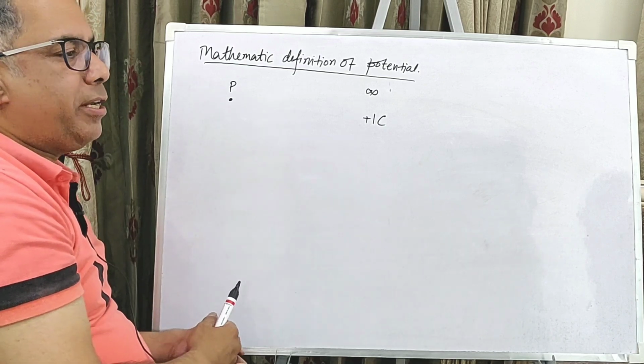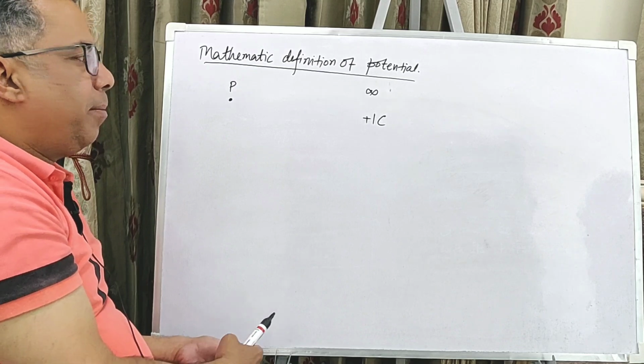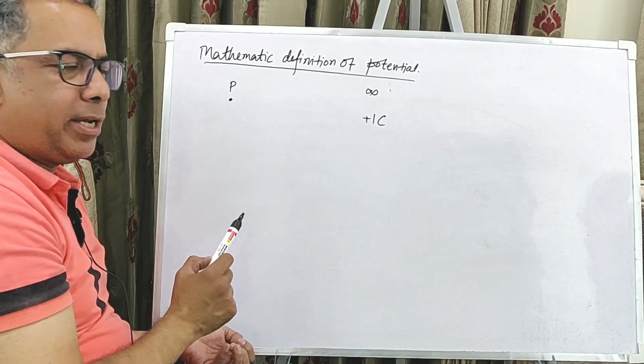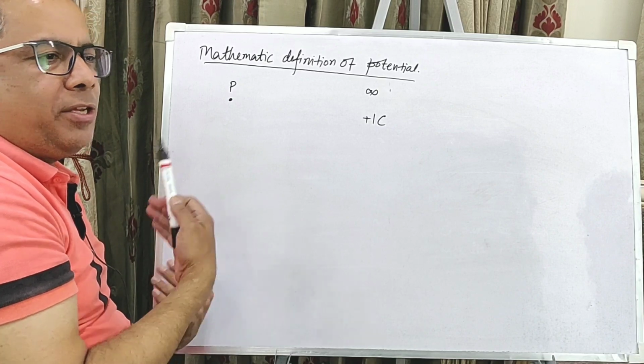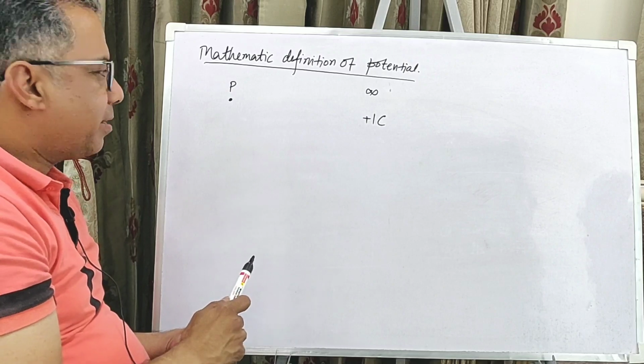That change in potential energy will give us the potential, because when we place a plus 1 coulomb charge at a particular point, the change in potential energy is the potential at the point.